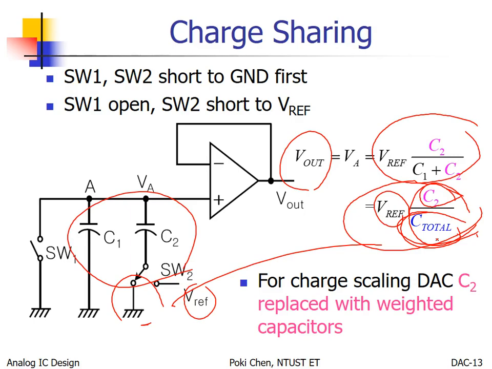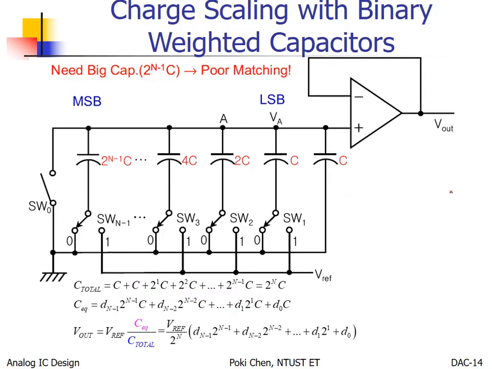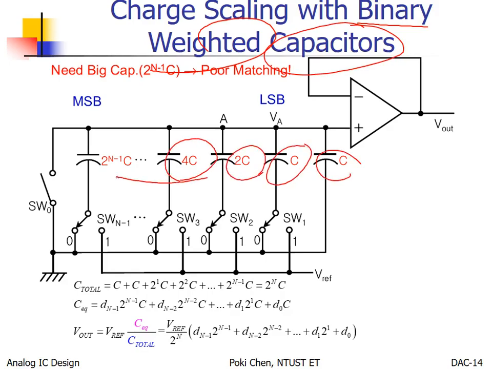Okay, let's go further. With such a very simple idea, we can go for the complete circuit, very complicated. Here, you can see this is the charge sharing with binary weighted capacitors. In theory, you can see 1C, 1C, and then 2C, 4C, all the way.